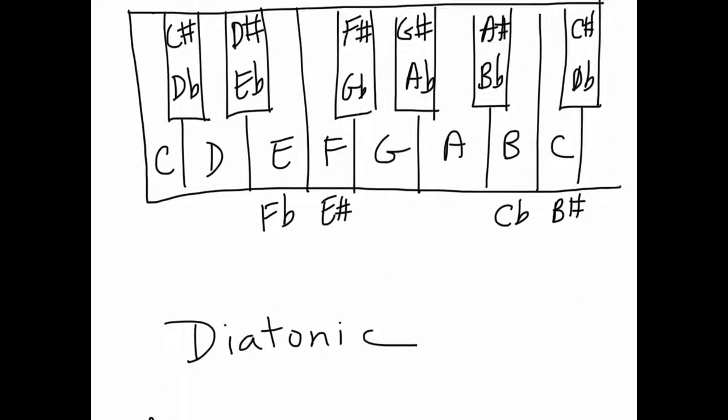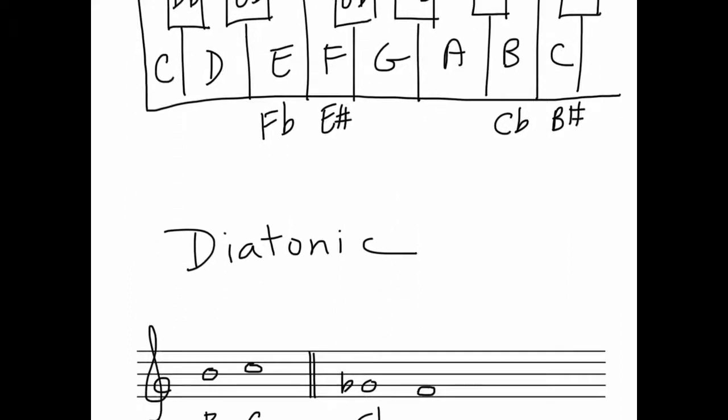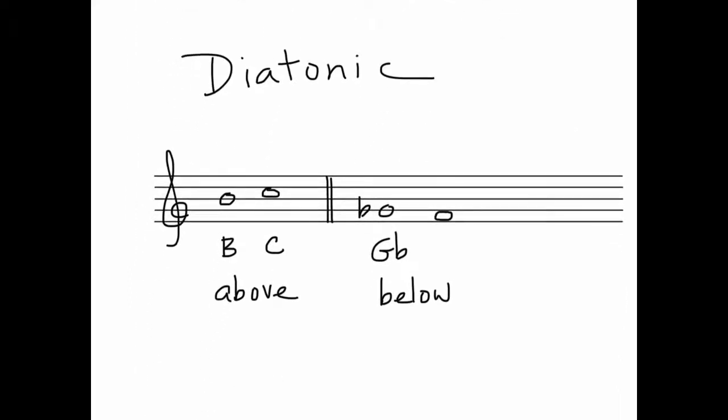So let's find the G flat, which is here, and we want the note below, which is F or E sharp. And since we're doing a diatonic semitone, our answer is going to be F. And again, we don't need to put a natural sign in front of it because there's nothing that we need to cancel before it.